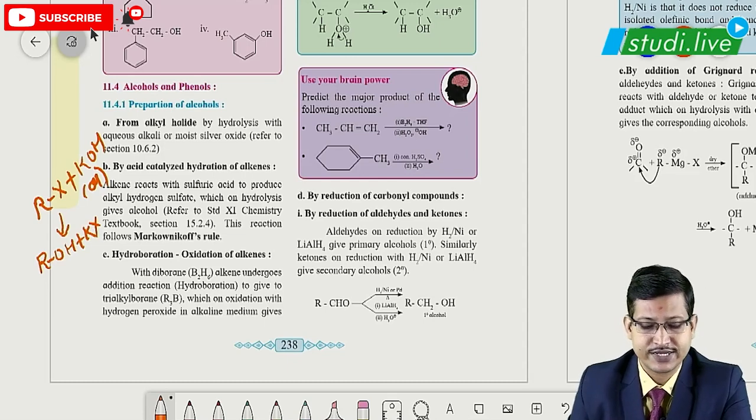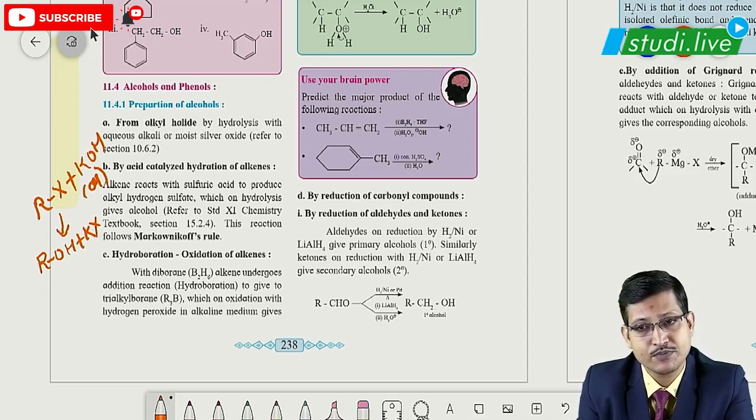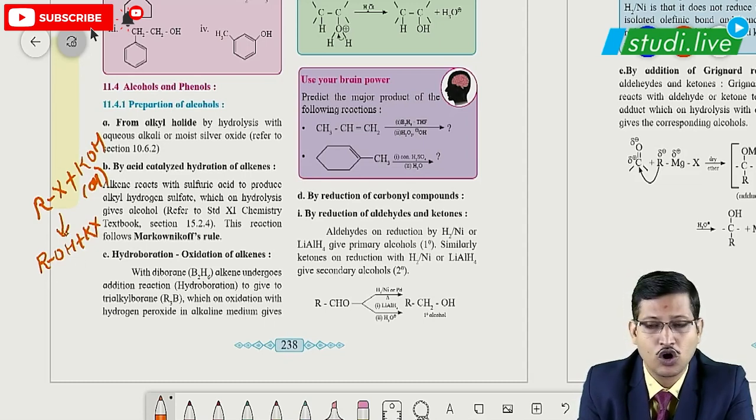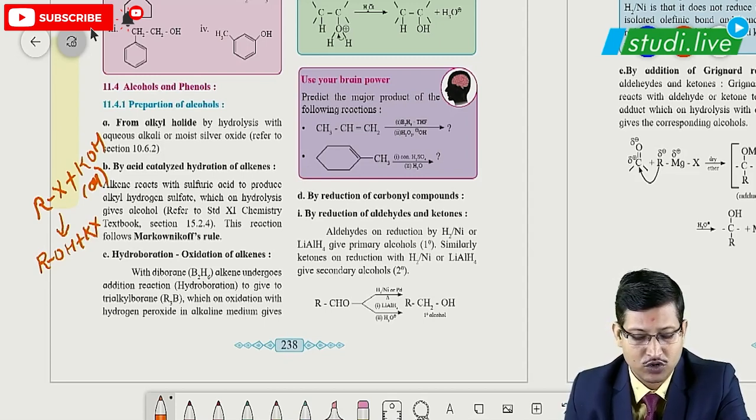This is the basic reaction. So alkyl halide RX undergoes hydrolysis with aqueous alkali. What alkali am I using here? KOH, potassium hydroxide. Other than potassium hydroxide, it can be sodium hydroxide or silver hydroxide, and it gives you the formation of alcohols. So this gives you the method of preparation of alcohols.